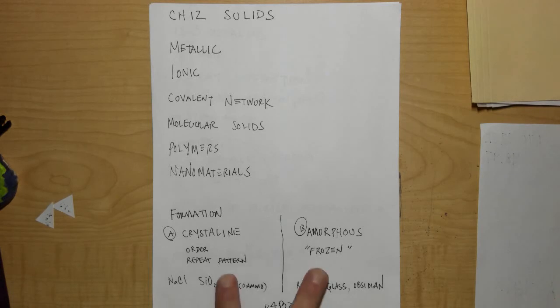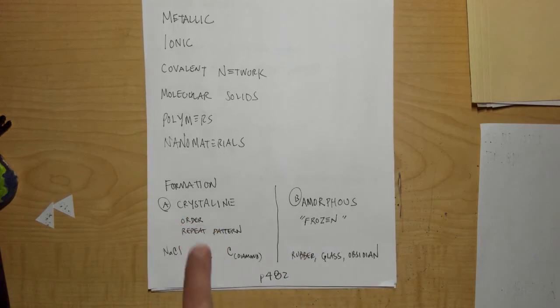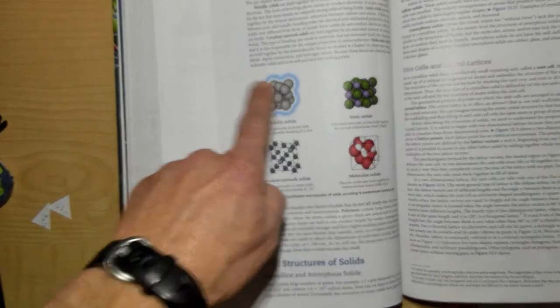First of all, there are 2 different types or formations of each of these solids. There are crystalline formations, which have ordered and repeating patterns, and there are amorphous solids that are like liquids frozen in place that don't have very good organization. If you look on page number 482 of your textbook, you can recognize solid substances have a nice organized repeating pattern here.